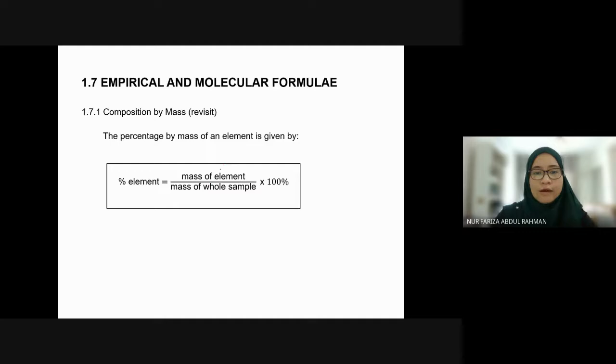So that will be our calculation on how to find the percent composition of an element in a compound.